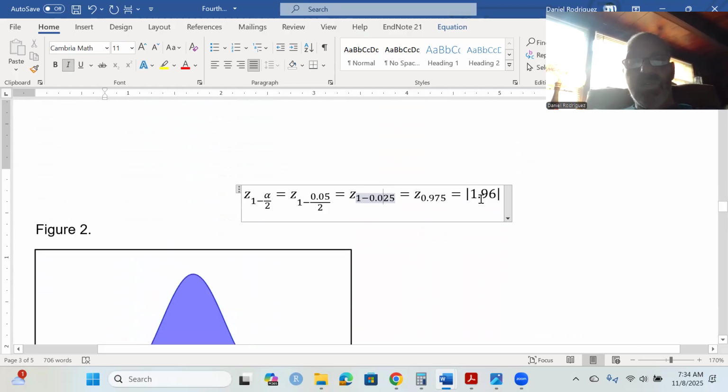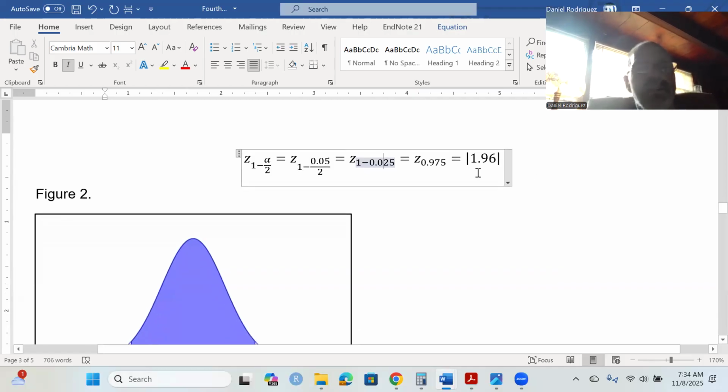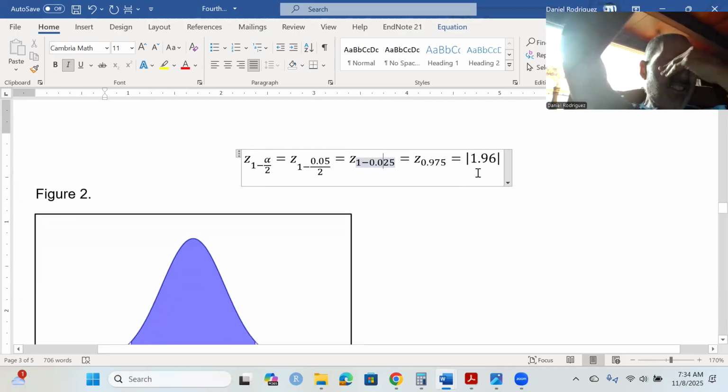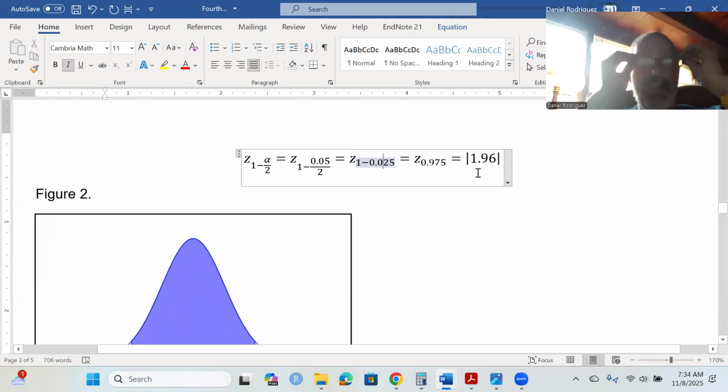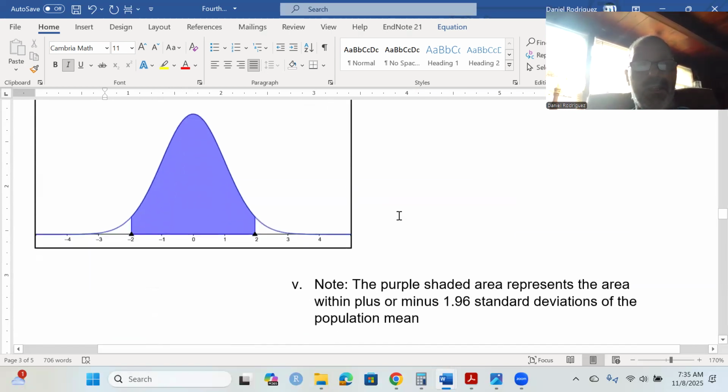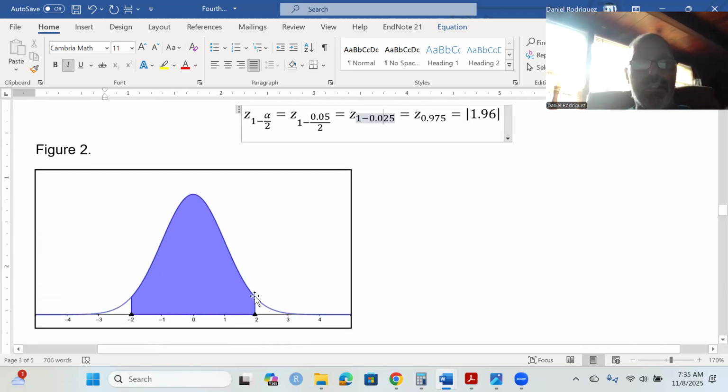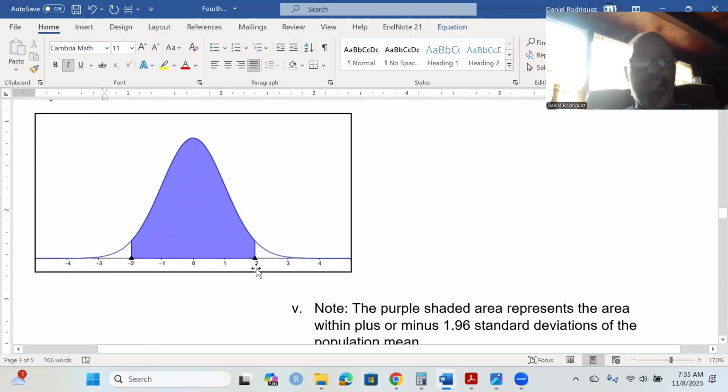And you'll notice that I put absolute value symbols around them. That's because you're going to have a positive 1.96 that cuts off the distribution right at the upper 2.5% right here.